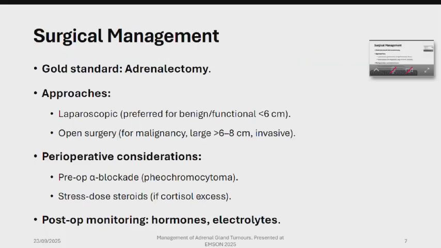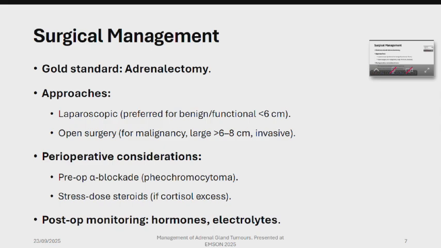So the gold standard is to remove the adrenal gland, and approaches can be laparoscopic or open surgery. But there are pre-operative conditions that we must maintain and make sure that we do. In patients with pheochromocytoma, for example, the tumor that is elaborating excess adrenaline, we need to block the alpha receptor before we block the beta receptor, so that we prevent catastrophic hypertension.